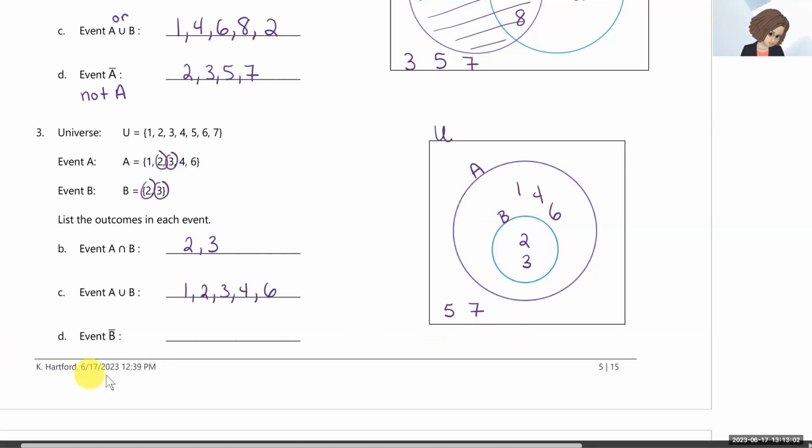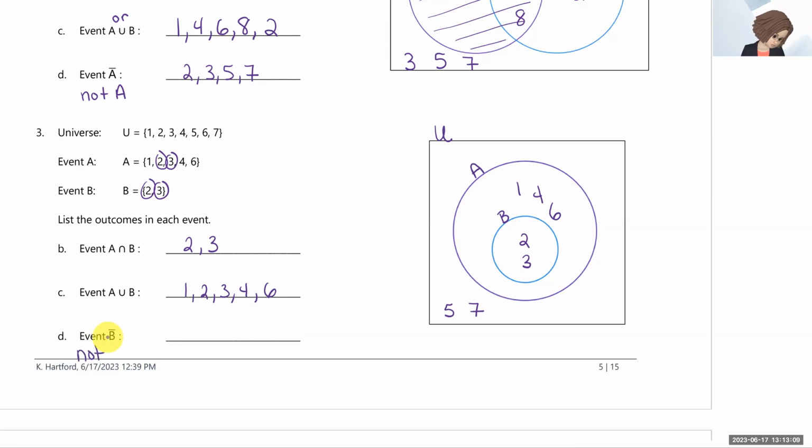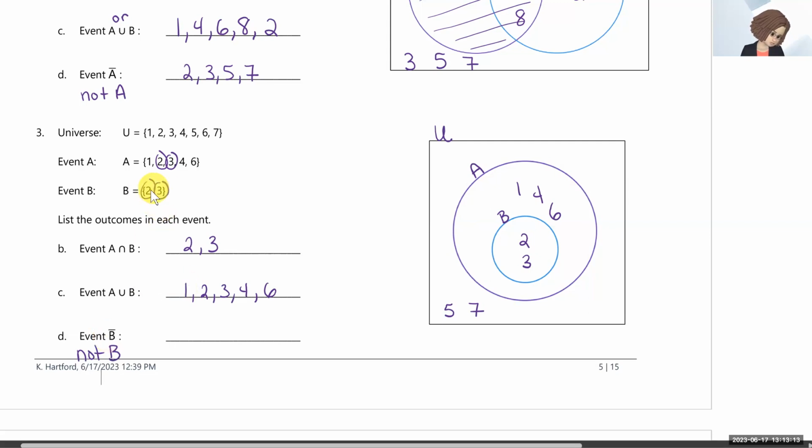And then event B complement. So the B with the bar over it again is the complement, read not in B, complement of B. So everything that's not 2, 3. So that would be 1, 4, 6, 5, 7.